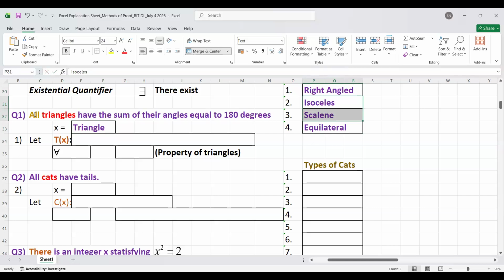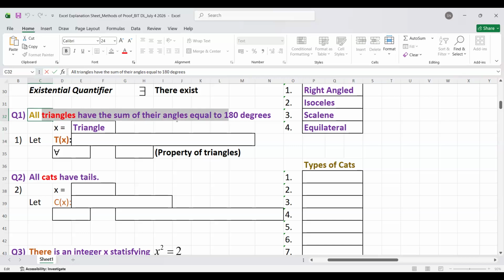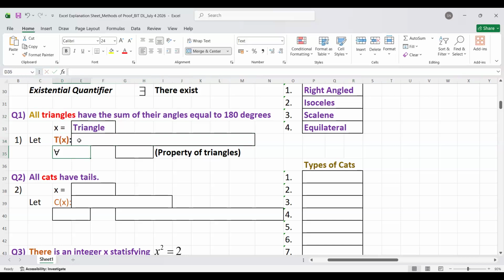Now, we will rewrite the statement where the word triangle is replaced by the variable x, because that is a variable name. And from that variable x to the end of the statement, I'll represent it as a capital letter with x in brackets. So I'm using T of x to represent the statement involving the variable triangle.